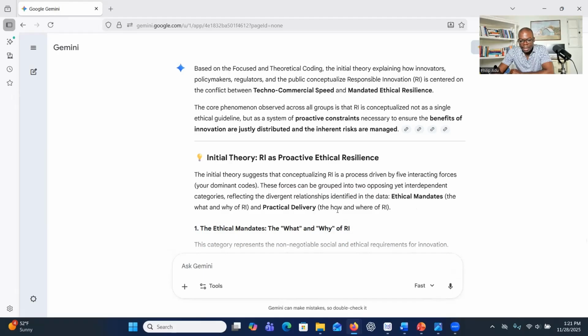Ethical mandate, the what and why of RI, which is responsible innovation. And the second one, practical delivery, the how and the where of responsible innovation. So you see that the system has provided the two main theories to explain.